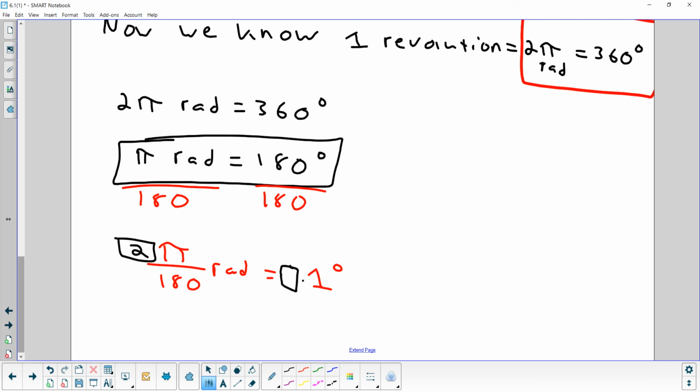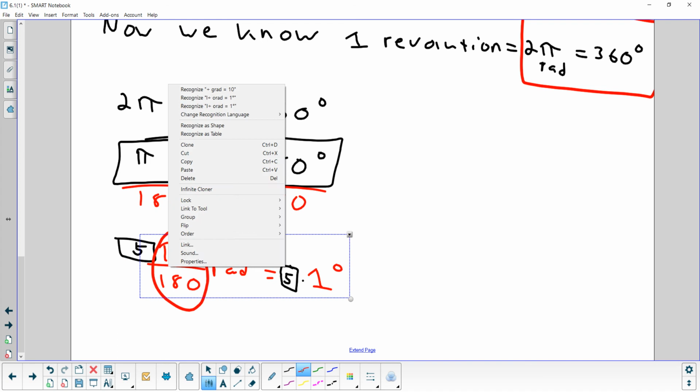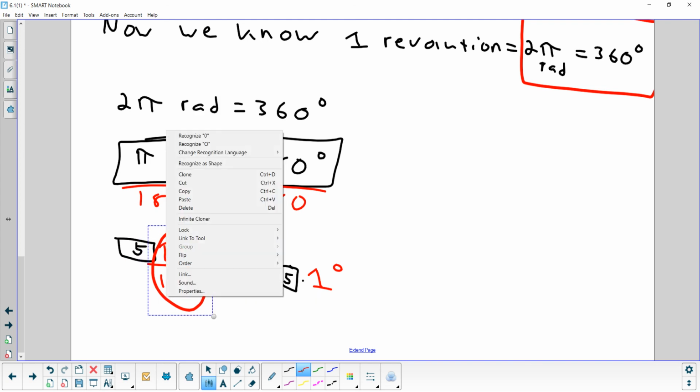What if I wanted a formula to convert 5 degrees to radians? What could I do here? Yeah, multiply by 5. You can multiply both sides by 5. It's not important what you put in the black box. What's important is this part. If you want to convert degrees to radians, you take whatever you're trying to convert and you multiply it by pi and you divide it by 180.